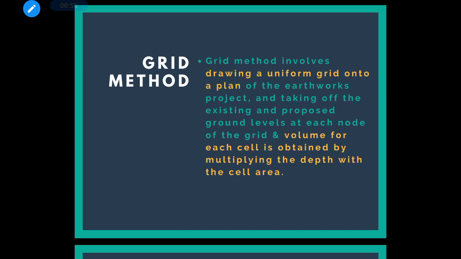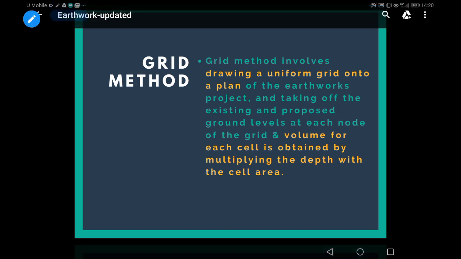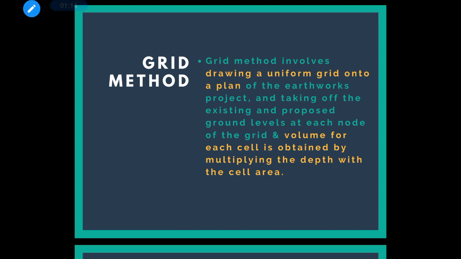First, we look at the definition of the grid method. The grid method involves drawing a uniform grid onto a plan of the earthworks project and taking off the existing and proposed ground level at each node of the grid, and the volume for each cell is obtained by multiplying the depth with the cell area.